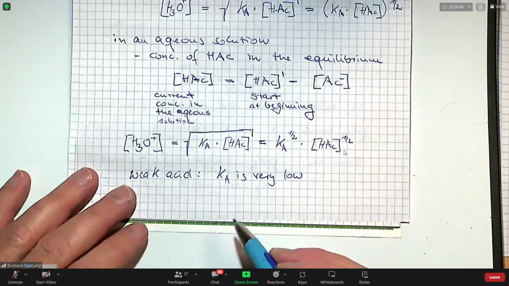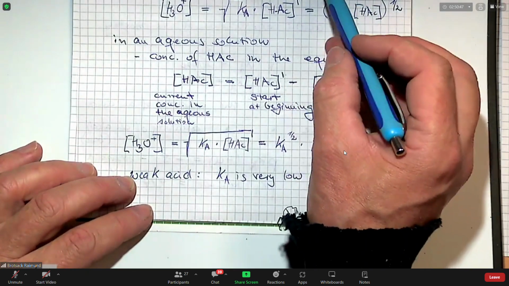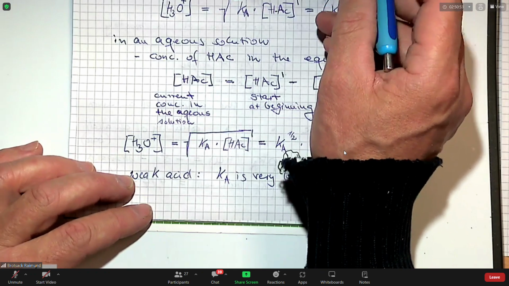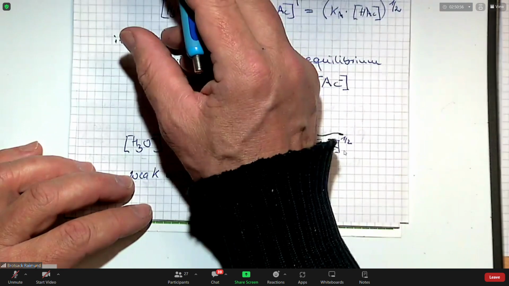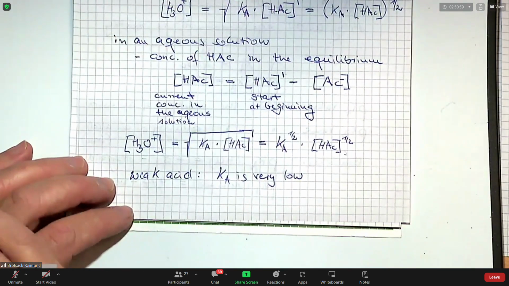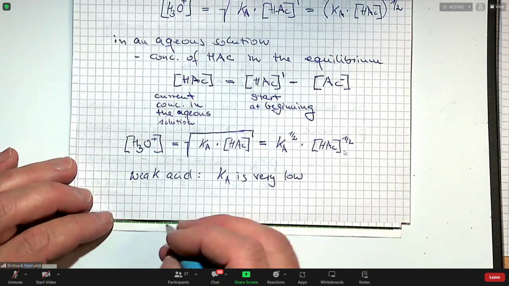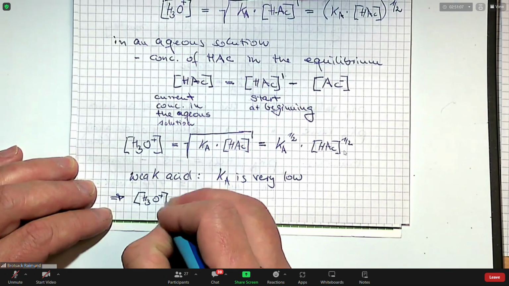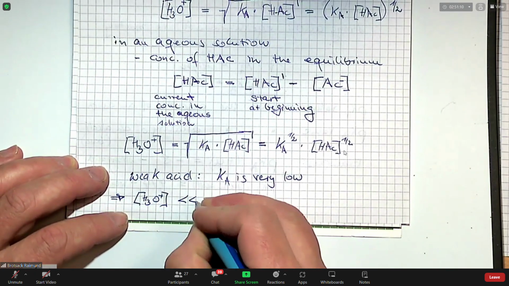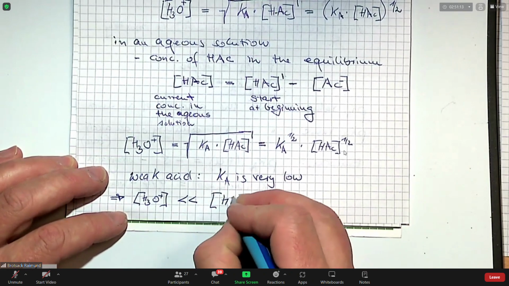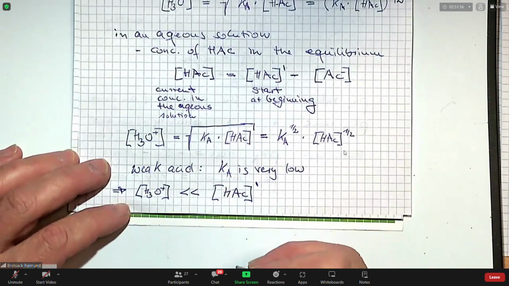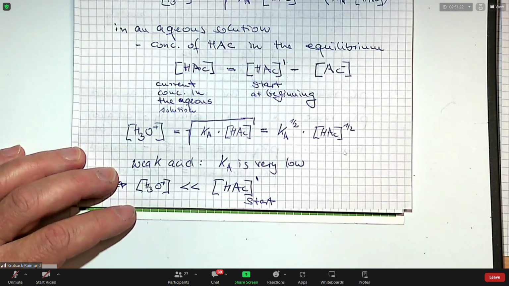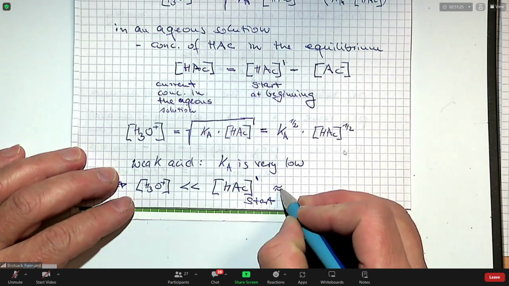So that means now the concentration of H3O plus is small compared to the concentration of the initial HS. It is quite small compared to the HS at the start, and this is similar to HS.